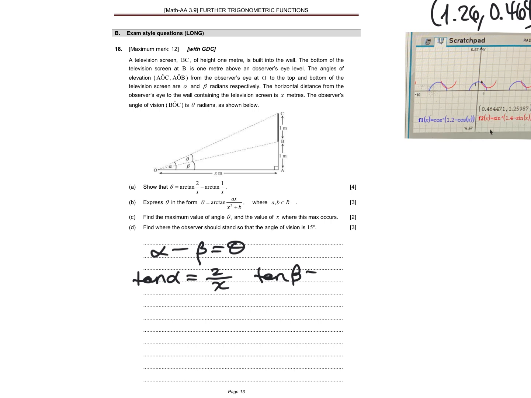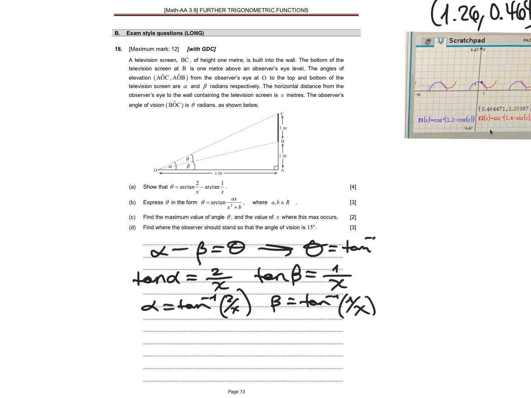Tangent beta is 1, opposite 1 over x. And then if we solve for alpha, we have to take the tangent inverse of 2 over x, and for beta, same thing, tangent inverse of 1 over x. So that means theta is tangent inverse of 2 over x minus tangent inverse of 1 over x.